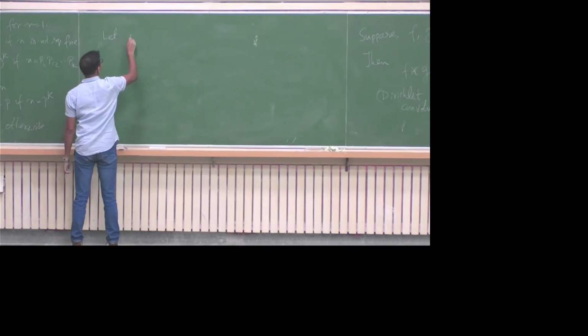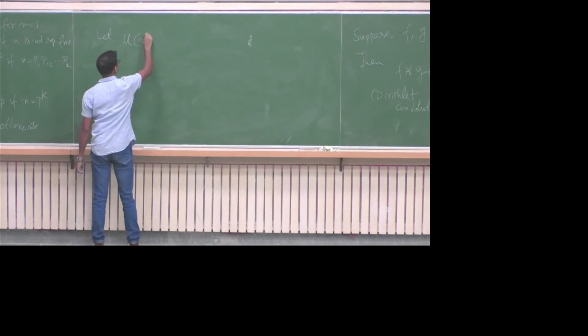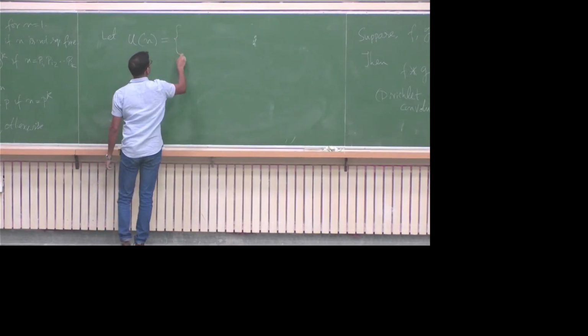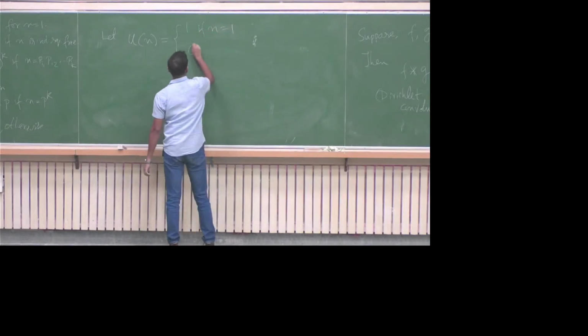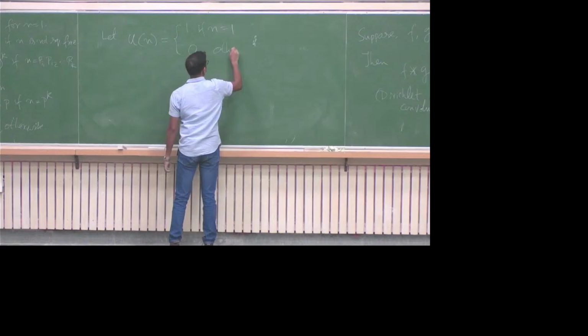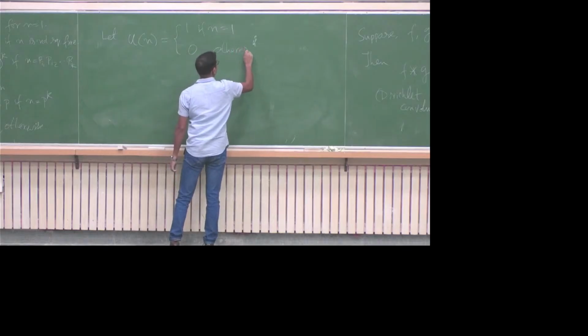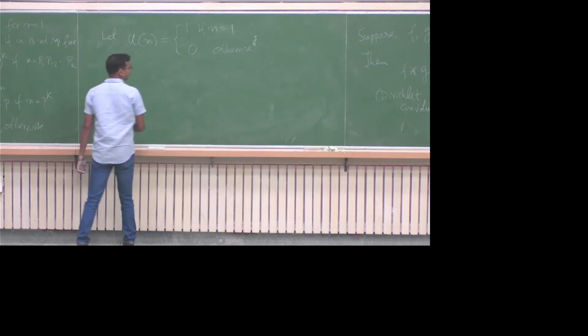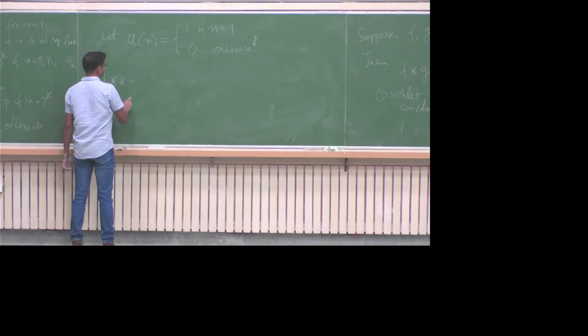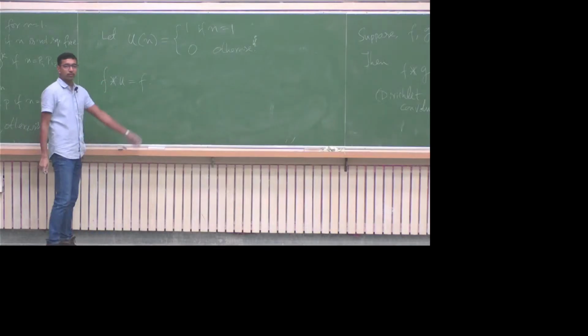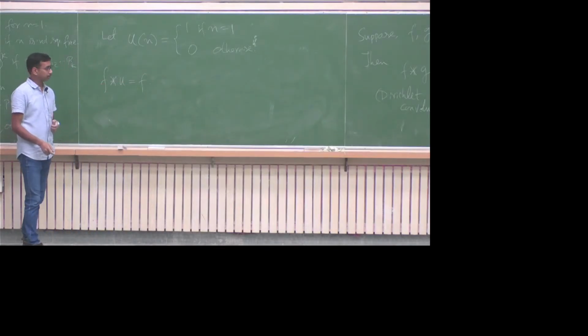Let u of n be defined as 1 if n is equal to 1, and 0 otherwise. Then note that f star u is just f, which follows from the definition.